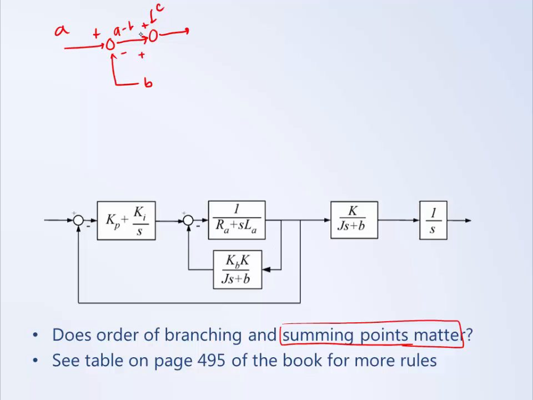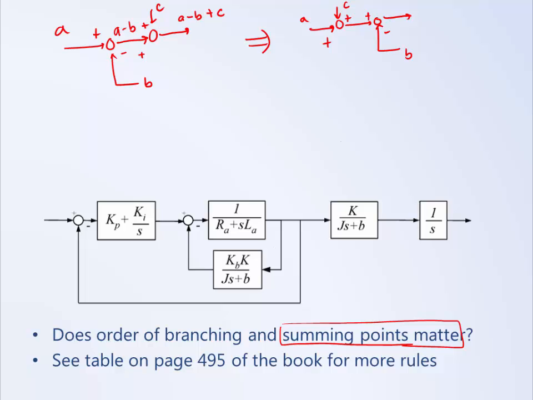So the output is simply A minus B. And then that signal A minus B is added to the signal C. So the complete output is then just simply A minus B plus C. And what if I switch the order of the summing junctions such that I still have my A signal, but instead of subtracting B first, I add C, and then I subtract B.